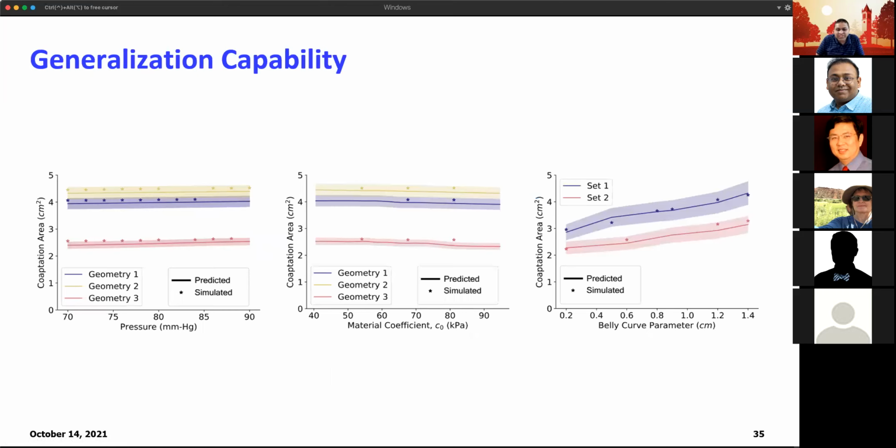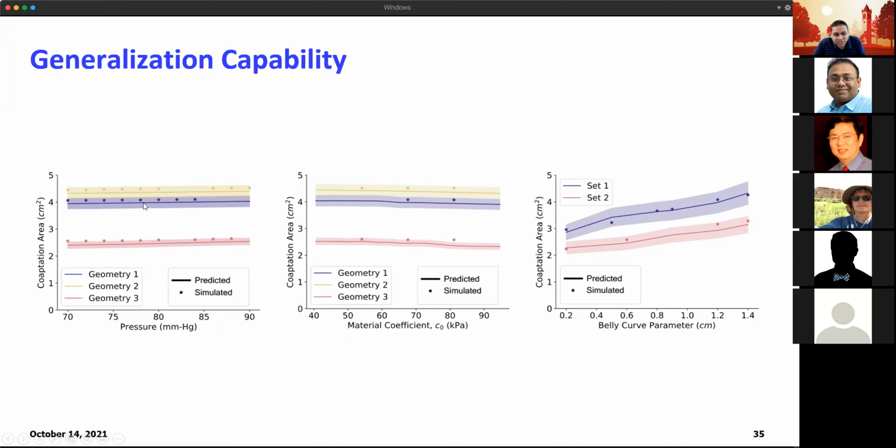Going further, what is the advantage of such a system? We looked at how different geometries, material coefficients, and other parameters can change the valve. We used the machine learned model as inference and inferred the coaptation area for different geometries.